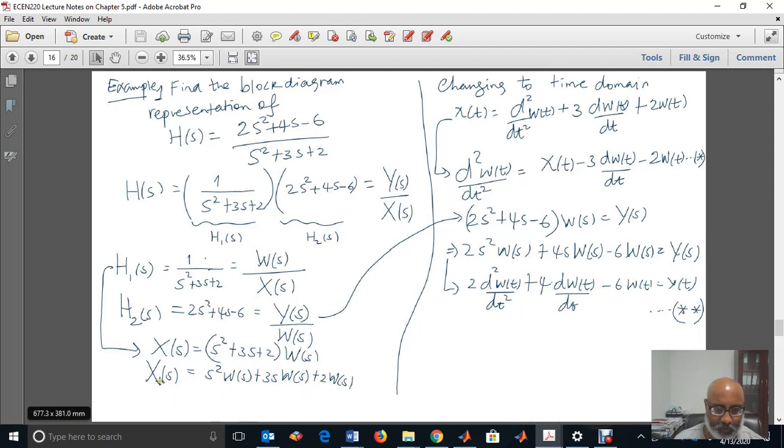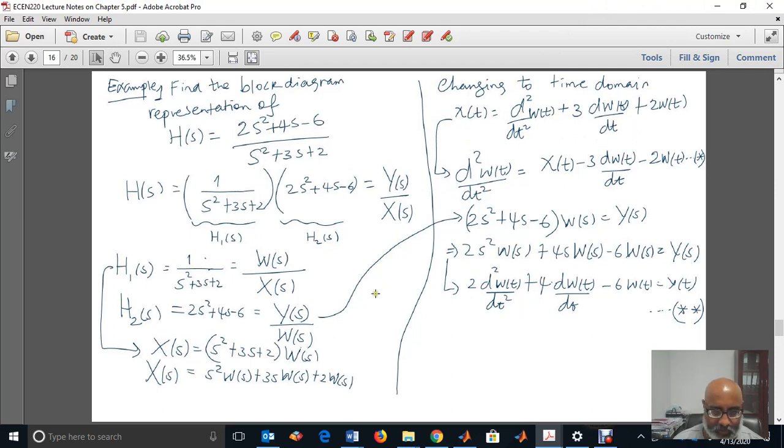If I change it to time domain, x of s is x of t, s squared w of s is the second derivative of w of t, and s w of s is dw by dt, plus 2 w of t. So this is the time domain expression relating x of t to w of t.